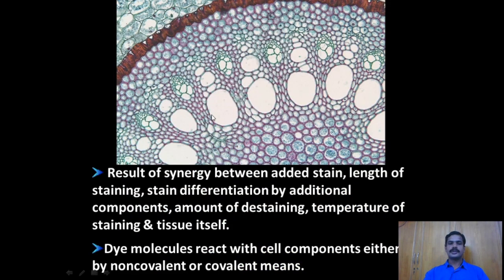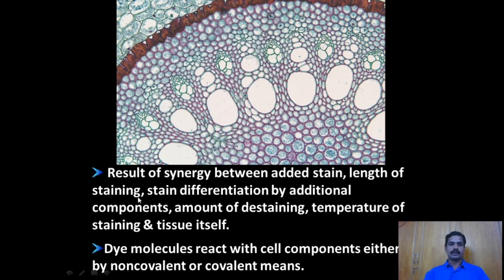Staining is the result of synergy between the stain used, the length of staining, that is the duration of the staining procedure, stain differentiation by additional components such as mordants, the amount of destaining, that is the removal of stain after excess staining, the temperature of staining, that is the temperature of the staining medium, and the tissue itself, which type of tissue is being stained. So the staining result is a combination of all these factors.